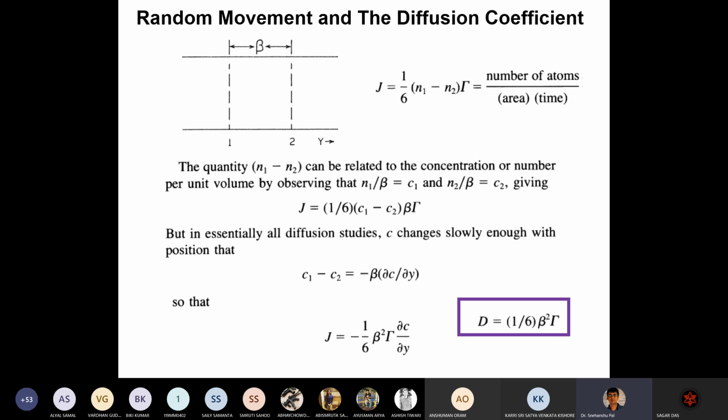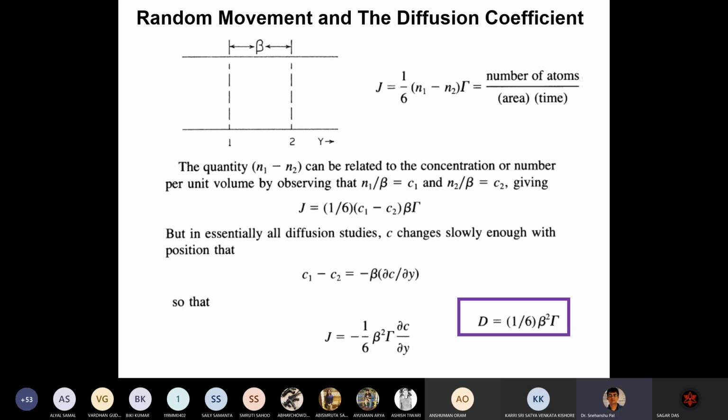Jump frequency is very important: how an atom jumps from one position to another position, that jump frequency, is very important in order to understand the diffusion process. And the jump distance. So we are now going to derive an approximate equation relating the diffusion coefficient to jump frequency and jump distance.